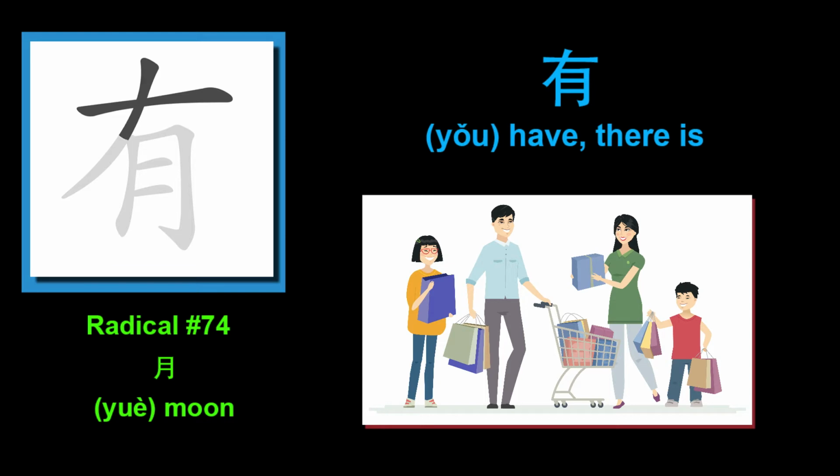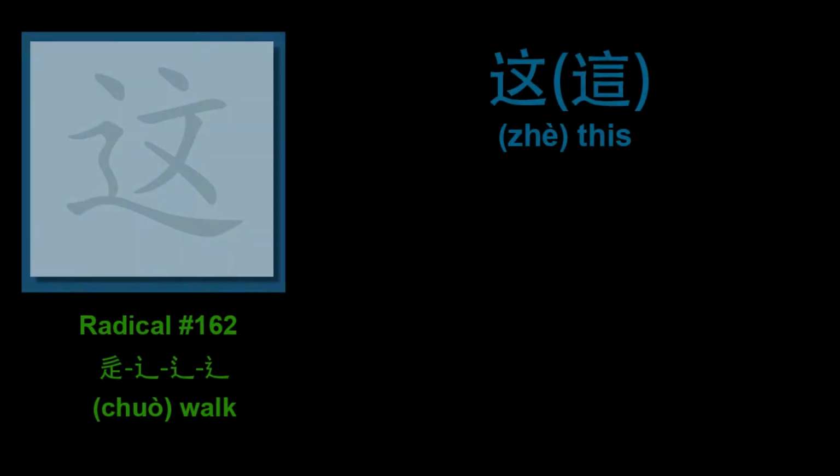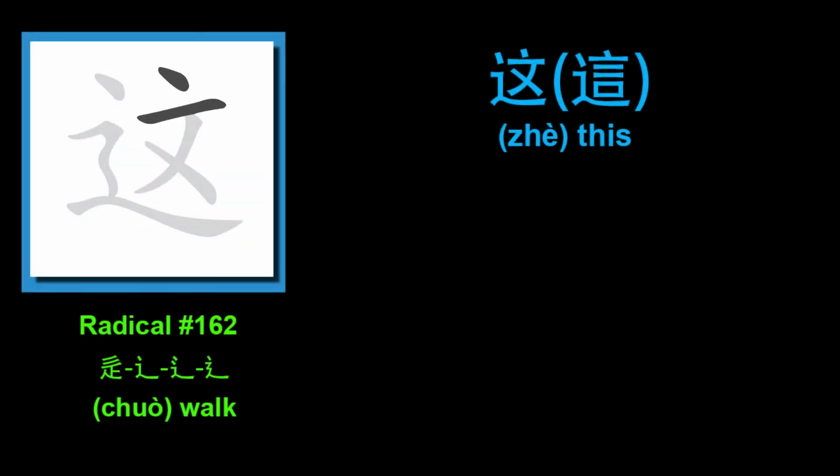Yo, have, there is. Ta, he, him, also used for either sex when sex is unknown or not important. Je, this.